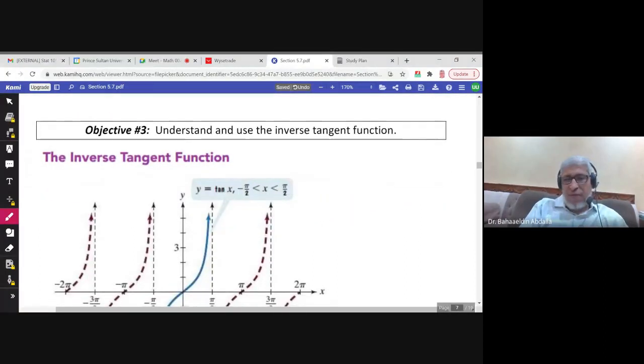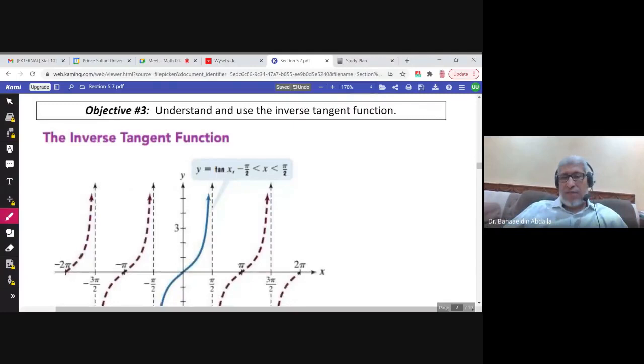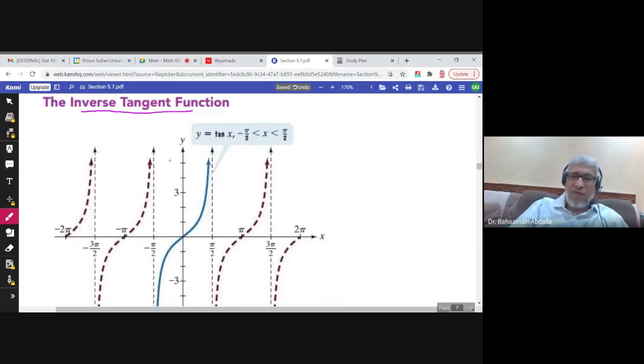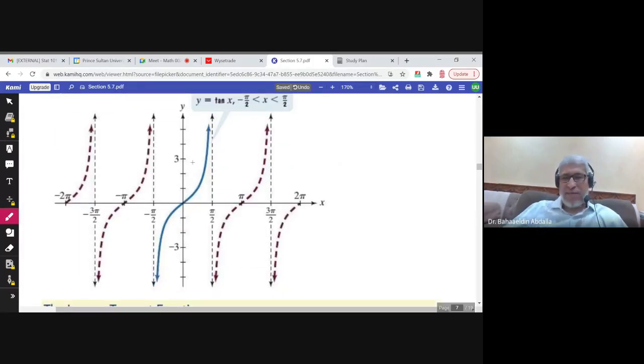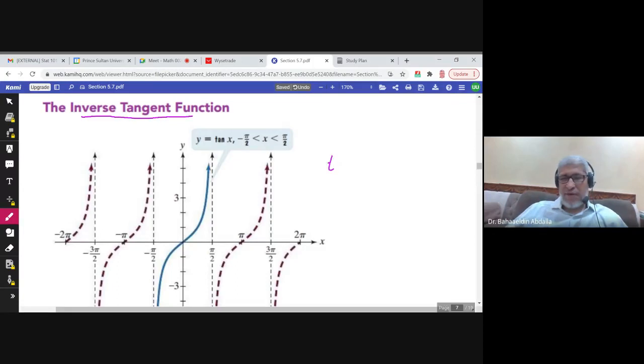Now, objective 3, the inverse tangent function. If you graph the equation y equals tan x, this would be the graph of tan. As you know, tan x is defined to be sine x over cosine x.